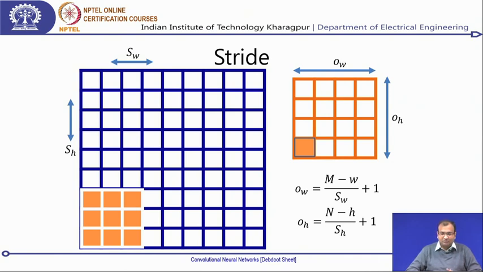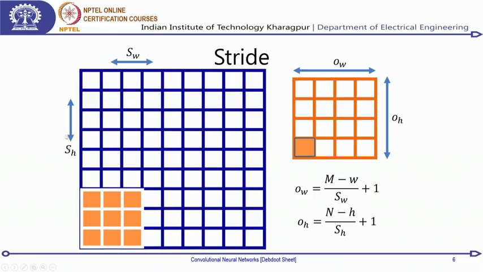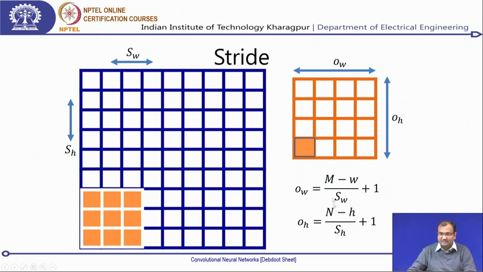Now, this was about introducing you to the fact that even if we are doing convolution, you don't always need to go by a stride of 1 pixel at a time and keep doing this sliding motion. You can actually do hops and jumps, and by doing so you reduce this number. If I was doing with an SW of 1 and an SH of 1, this would have meant 9 minus 3, which is 6, plus 1, which is 7. So my output with a stride of 1 would have given me a 7 cross 7 matrix instead of a 4 cross 4 matrix.